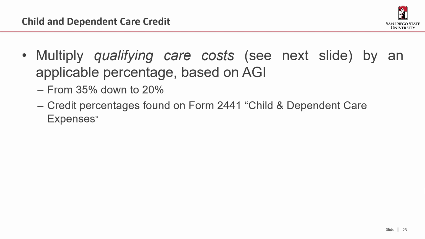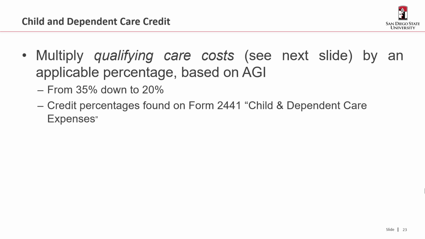Multiply your qualifying care costs by an applicable percentage based on the taxpayer's AGI in order to calculate the credit. So the applicable percentage is anywhere from 35% down to 20%.